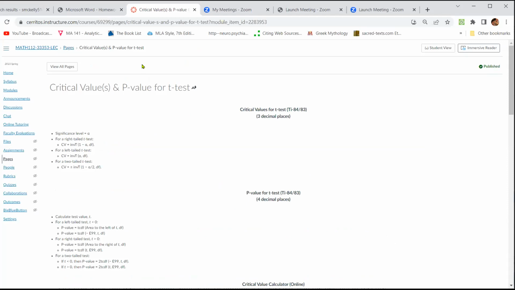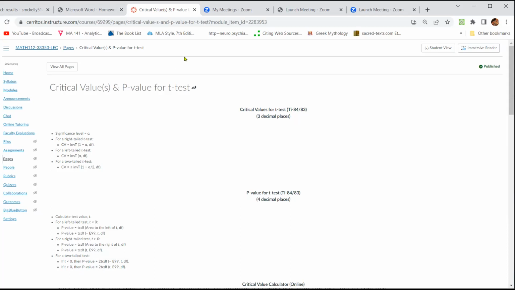So I'm looking at the second group and it's two tails. Then, if it's greater than or less than, it's going to be twice whatever I get from the distribution. Okay. Here it's positive, so I'm looking at the bottom rule. It's 2 times TCDF of my T, infinity, and DF.